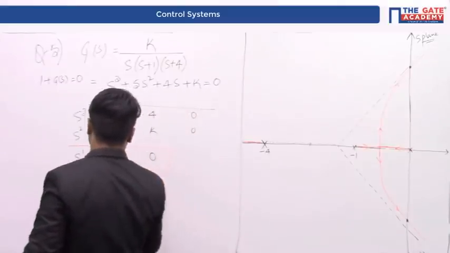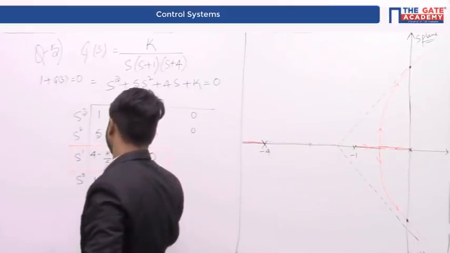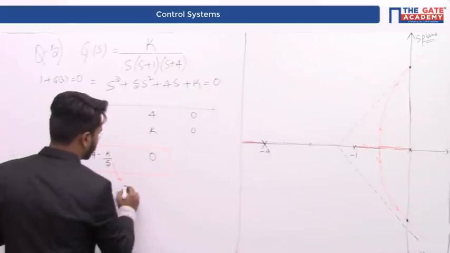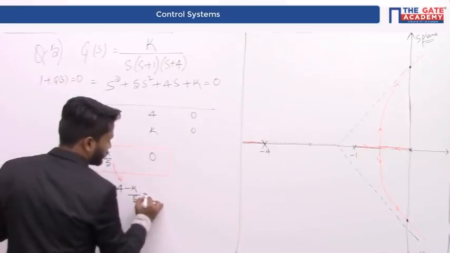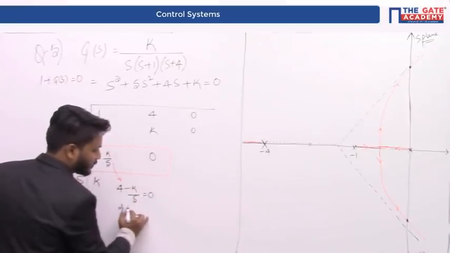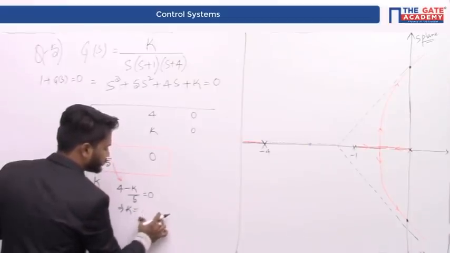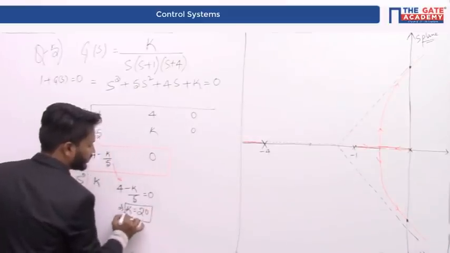So only this row can be 0. So in order to make this row 0, we must equate this element with 0. Therefore, 4 minus k by 5 is equal to 0. That implies k is equal to 20.